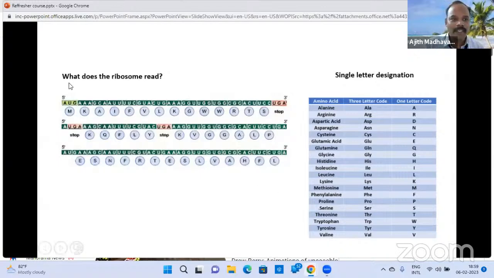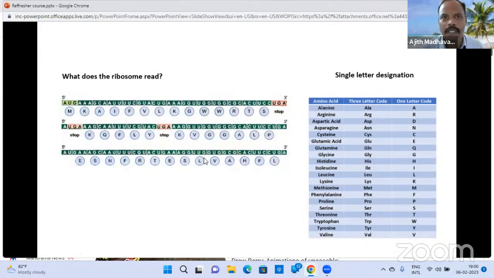You can see in this case, AAA codes for lysine. See here, K is the single-letter code for an amino acid called lysine. A codes for alanine. I codes for isoleucine, and so on.